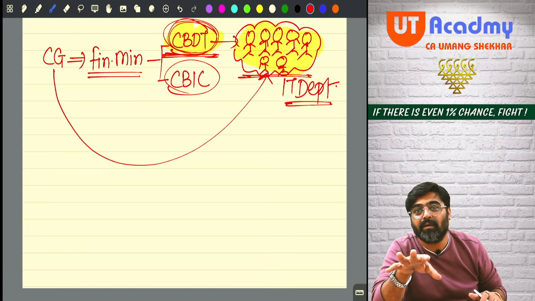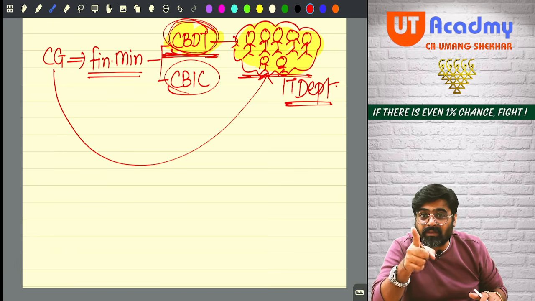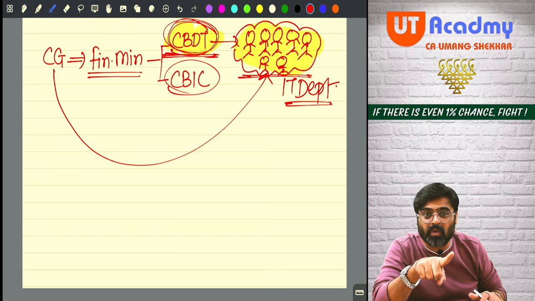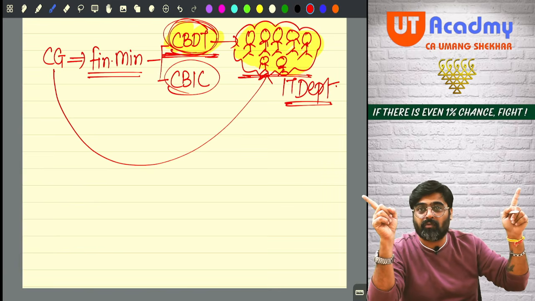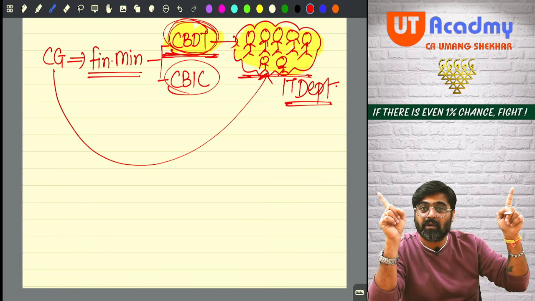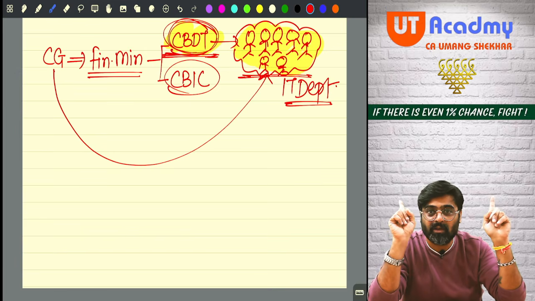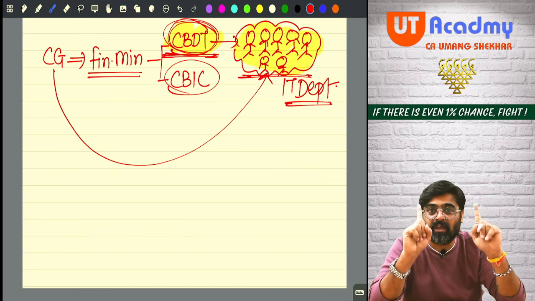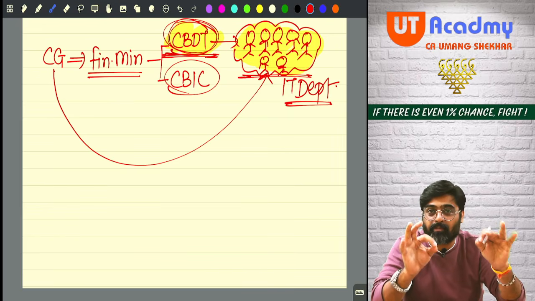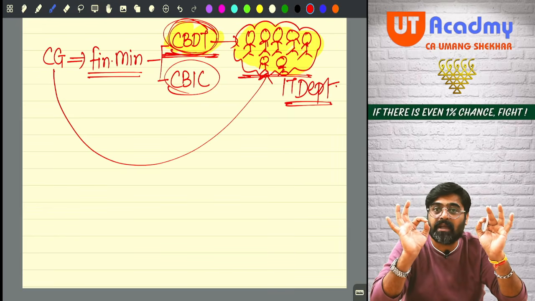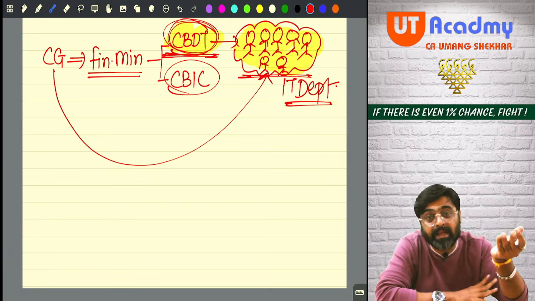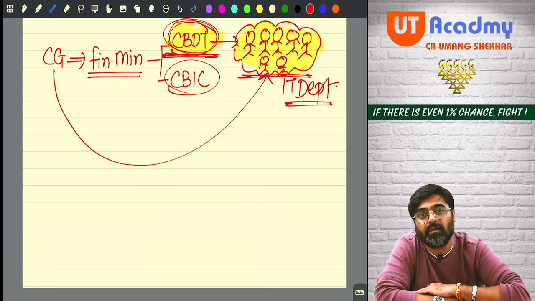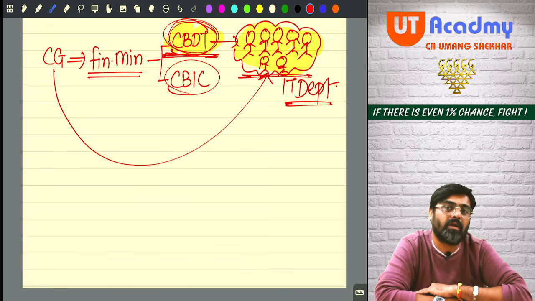Getting my point? And once the CBDT has issued that circular, that circular has eliminated all the confusions, clarification is there. So now every single officer in the entire income tax department has to follow the instructions of the CBDT. It is binding on the income tax department, because you always have to obey your dad.